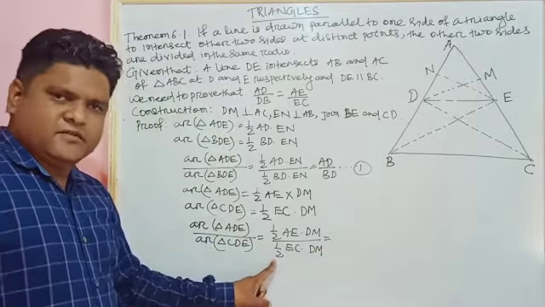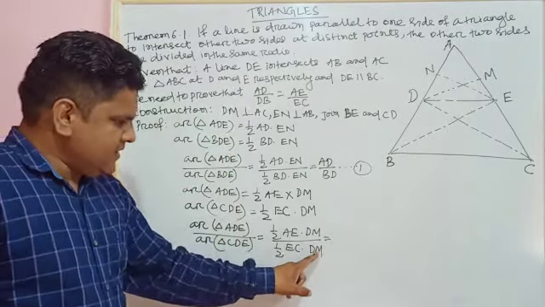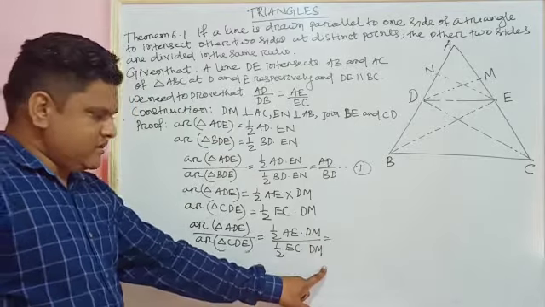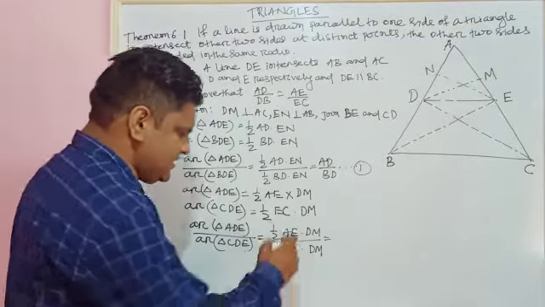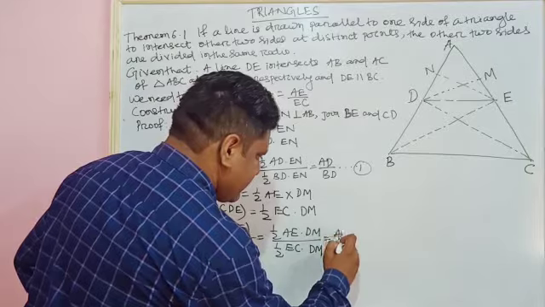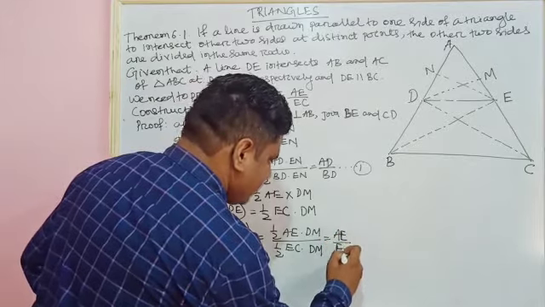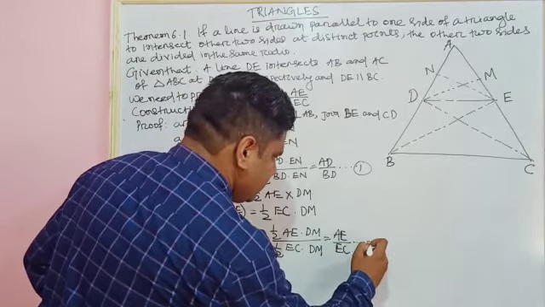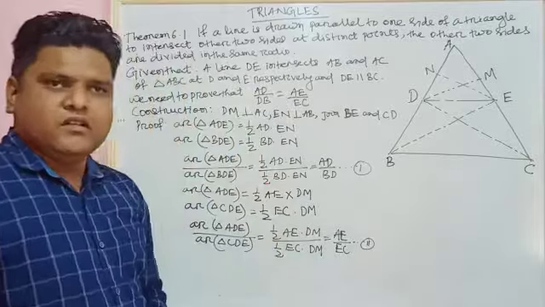Half cancelled from numerator and denominator, and DM are also cancelled. So the remaining part is AE by EC. Let it be equation 2.